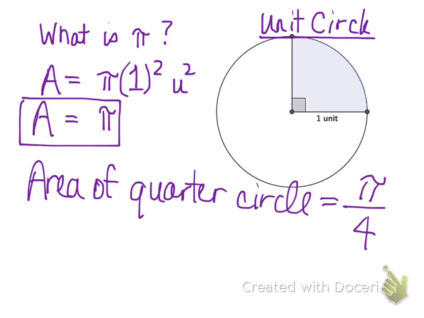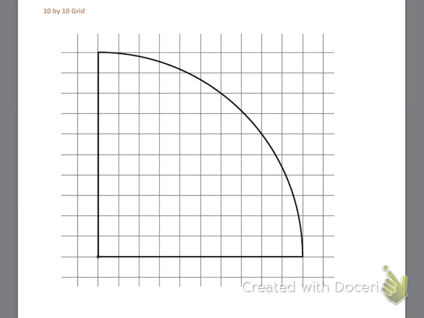We've just taken it into 4 pieces. So this area here will be pi over 4. And if we think of this as 1 unit here, which is what we're going to do, this area here will be pi over 4 in the quarter circle there.